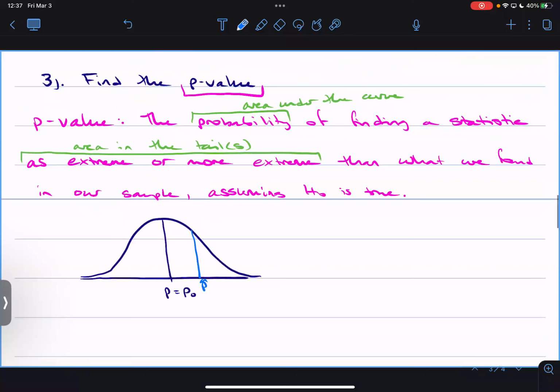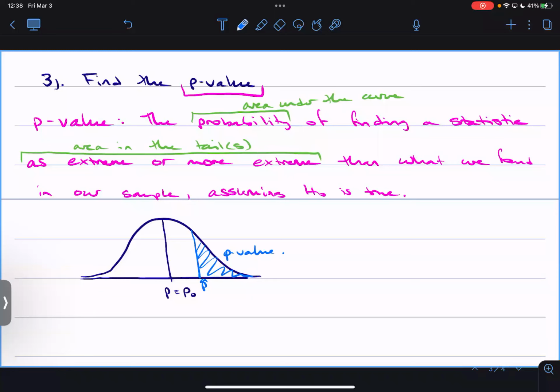So then the p-value is the area under the curve, and it's specifically the area in the tail. So the probability is the area under the curve of seeing something as extreme or more extreme than what you saw. And so here, this is the p-value. We've worked on finding those areas, or at least approximations, and then we use software for more precise values.